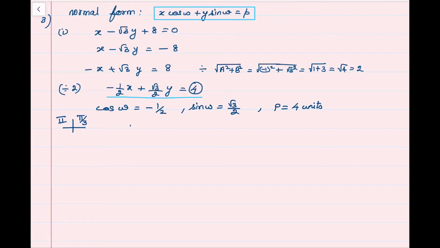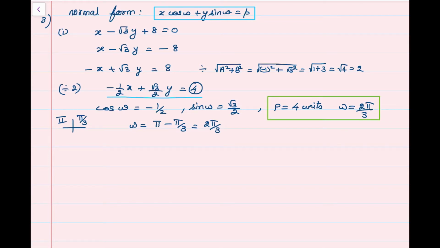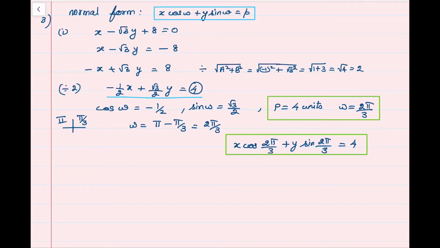Therefore, omega will be second quadrant angle pi minus the base angle, which is 2 pi divided by 3. Omega is 2 pi divided by 3. Now we will write the equation in the normal form. X cos 2 pi by 3 plus y sin 2 pi by 3 equal to p is 4.